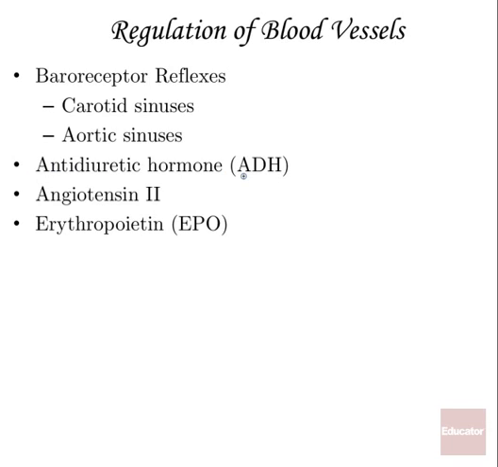ADH, is one of those hormones that's going to keep water in your body so that you're not making as much urine, you're not urinating as much. Now, the way that ADH actually plays a role is if there is a drop in blood volume. For instance, let's say you have an internal bleed, and that would be terrible to have, but if blood is exiting blood vessels, that would stimulate your brain because of a drop in the pressure.